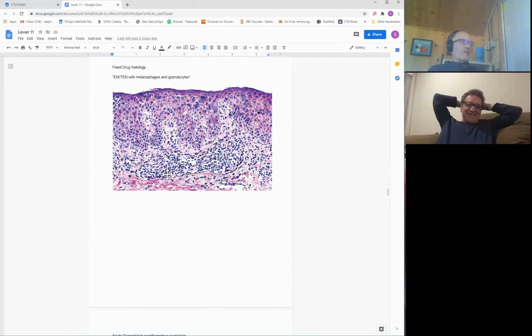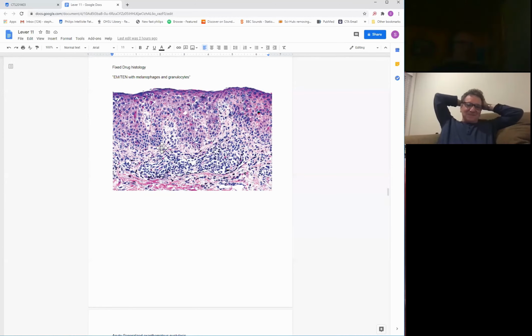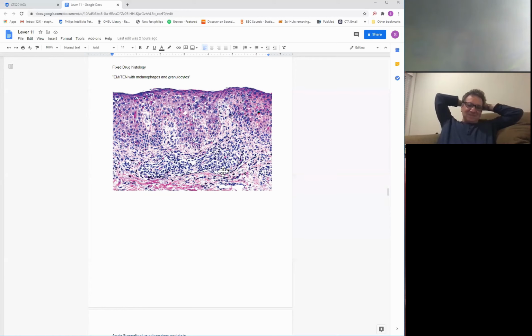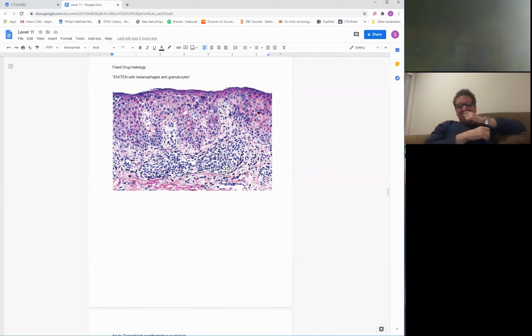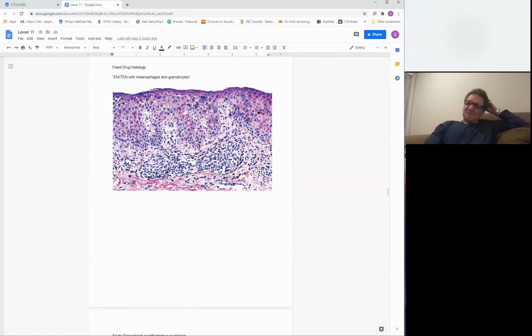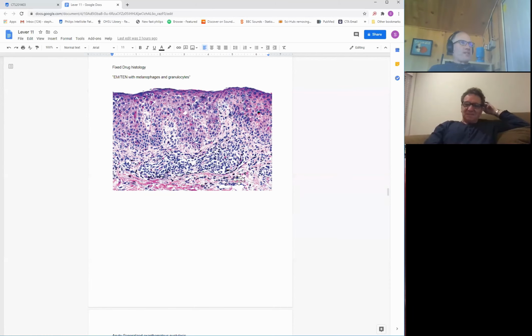You generally see melanophages because this recurs in the same spot. And melanophages, if you don't know this aspect of histology, are often the product of basal keratinocyte damage, and their melanin gets released and is down in the dermis. So you'll see exactly this. There may be some melanophages down at the base of this one actually.